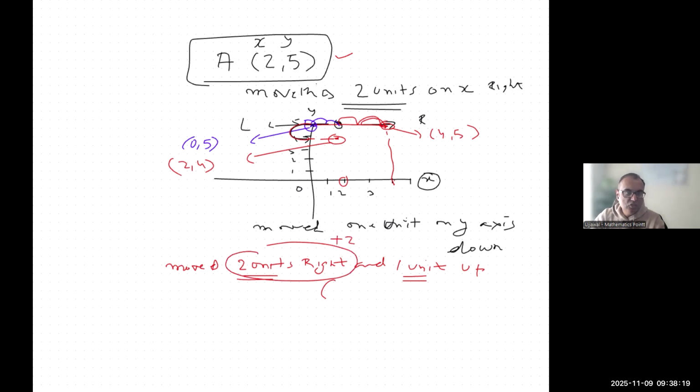So my x is 2 and I add 2 to it, and my y is 5 and I add 1 to 5. So the new position is 4, comma 6.